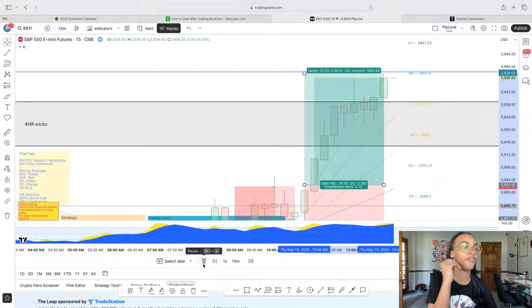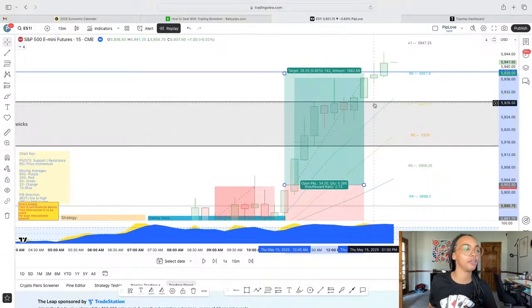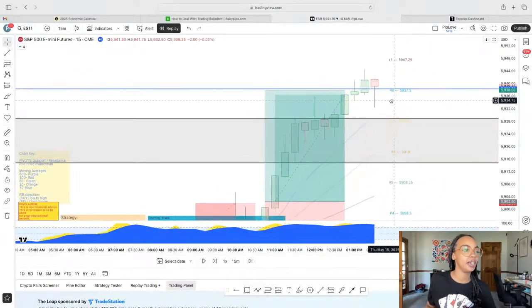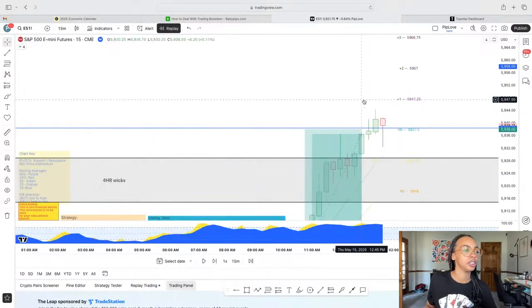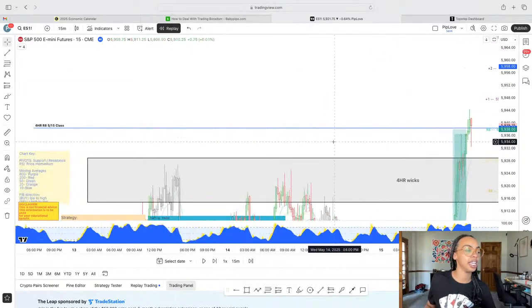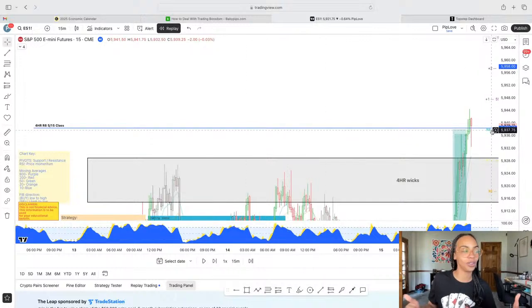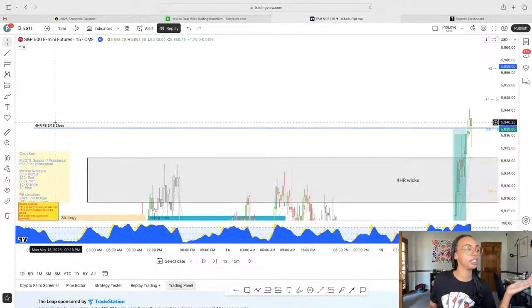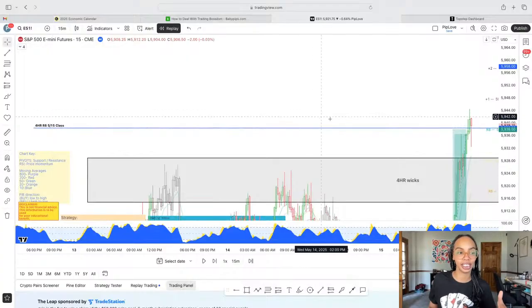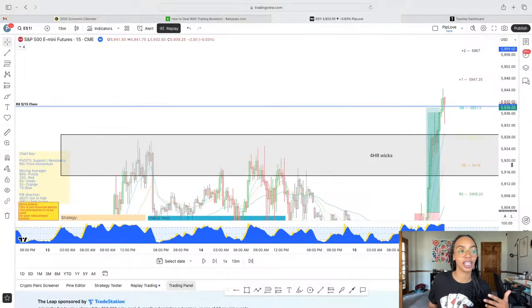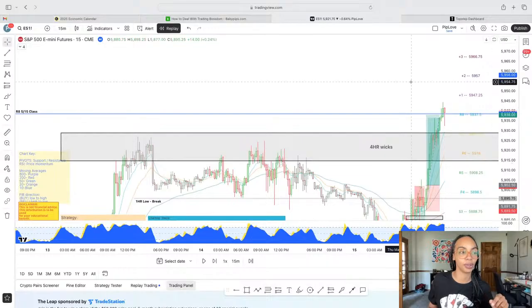Alrighty. So price eventually did come up here. It did hit that take profit point. And now we have a new R. It hit the new R8 on the 15-minute, which was the R8 on the 4-hour. So do you guys see why I say we start at the 4-hour and get those levels?